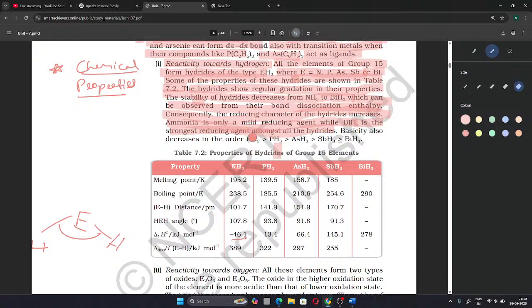So that must be in case of taking H plus. So basically NH3 can take H plus to give the NH4 plus ammonium ion. Maybe that is the reason ammonia has the highest basicity.